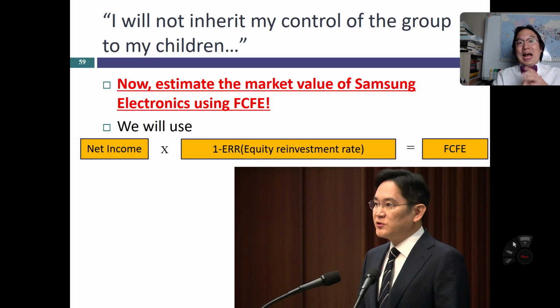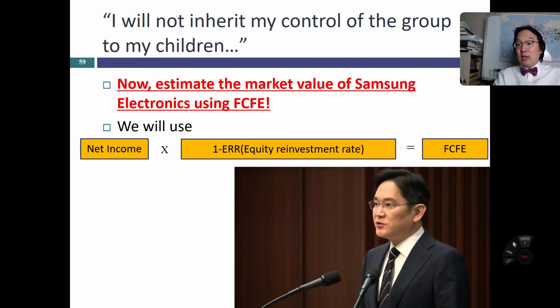He said, I will not inherit my control of the group to my children. Very important step. One step for just a man, but a very important step for Korean 재벌 management, or corporation management: from dynasty-style management to more like US-style management.